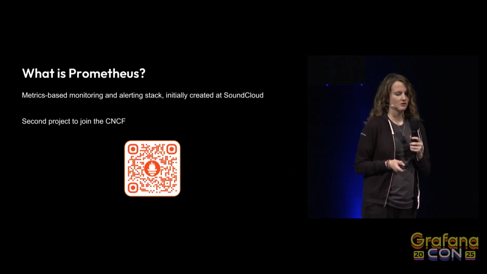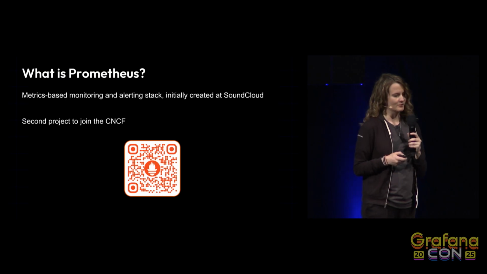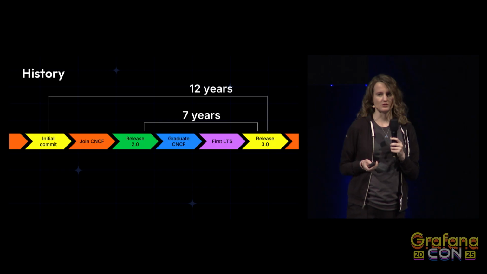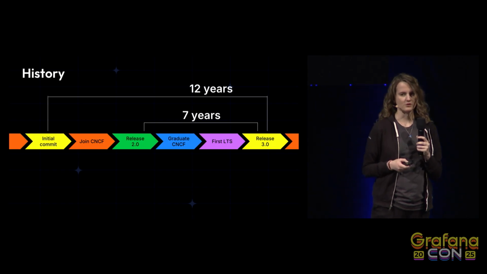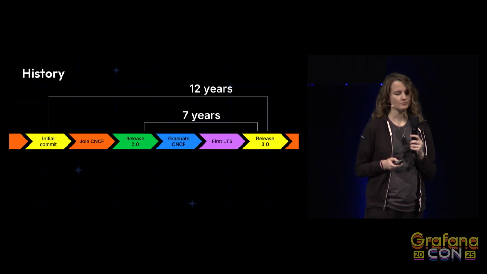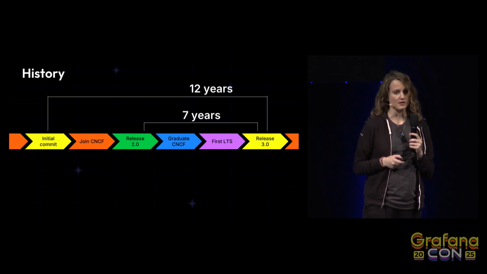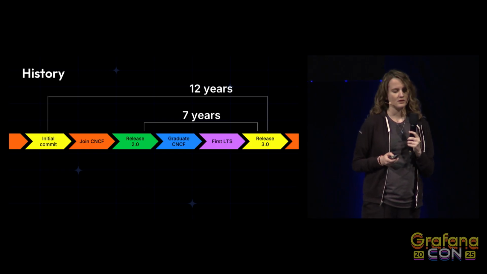Great. Since everyone seems to be pretty familiar with Prometheus, we'll skip over the basic intro and go over the history. Prometheus started off at SoundCloud with the first commit about 12 years ago. In 2016 and 2017, it became the second project to join and graduate from the CNCF.